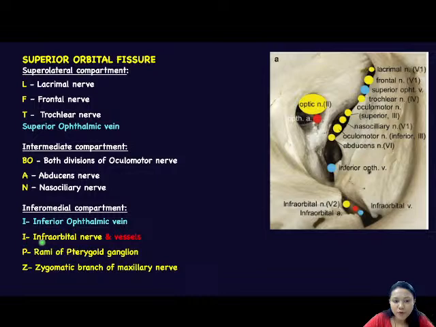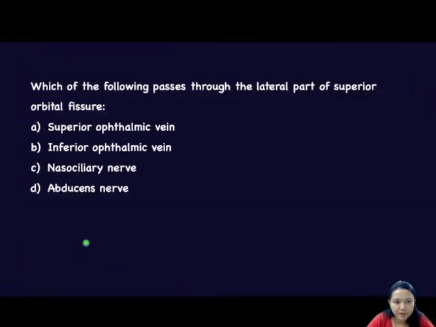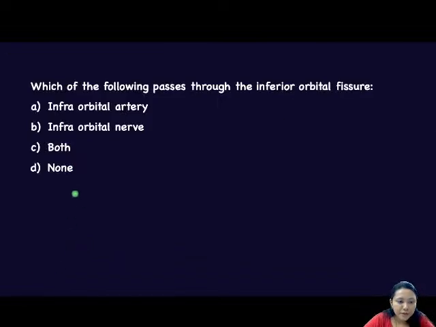So they have given both options, the infraorbital nerve and artery, and the answer is both. That will be option C.